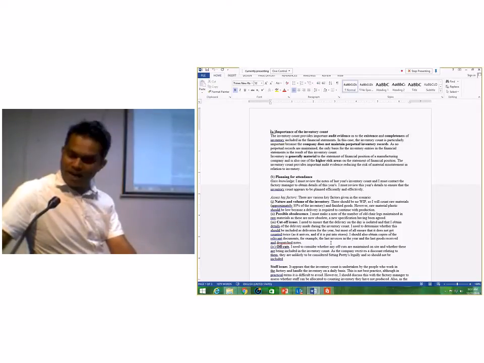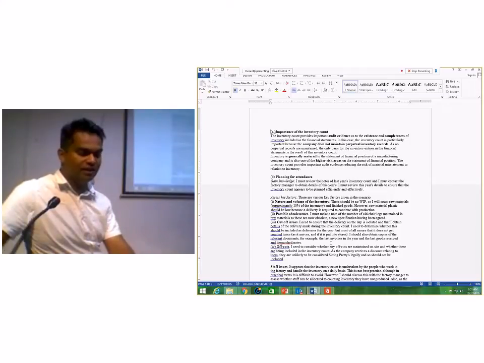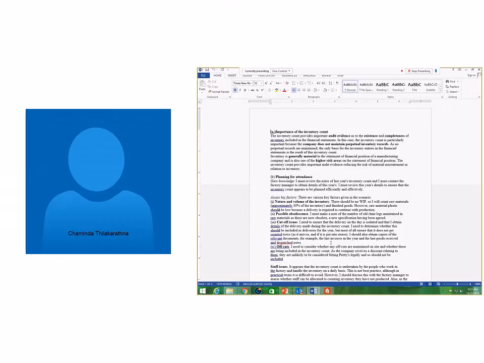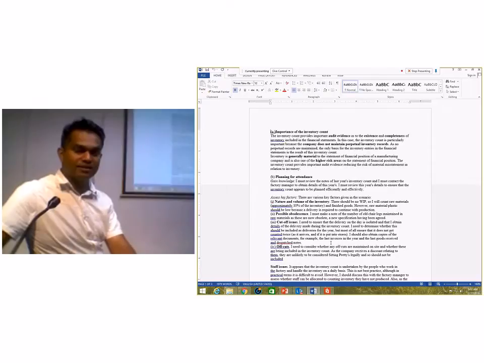When you plan for attendance at the inventory stock taking, you should have a lot of information: you should know the business, the nature of the business, possible obsolescence, what items are available in the inventories, and the locations where those inventories are stored.